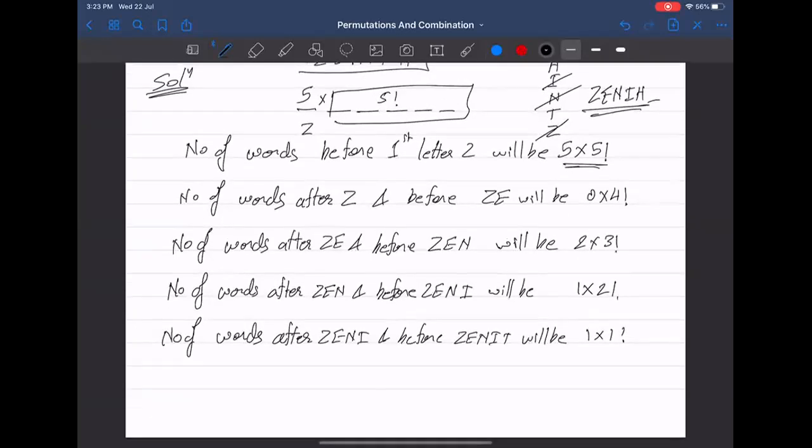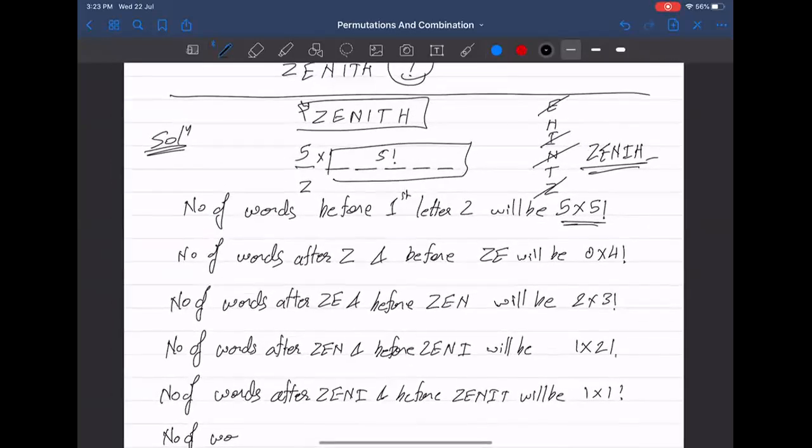Okay. Then lastly, number of words. एक मिनट, मैंने क्या नहीं उड़ाया? 3 नहीं उड़ाया.